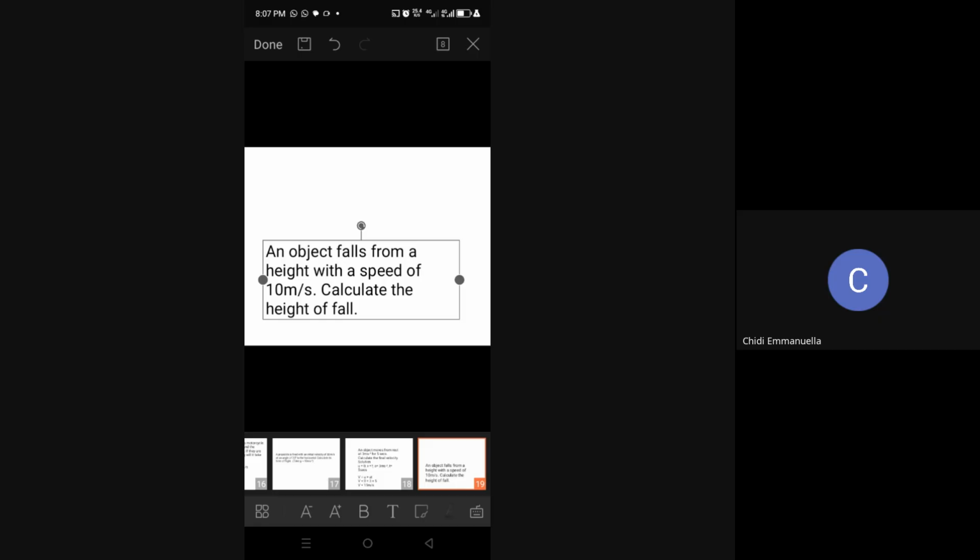V square is equal to U square plus 2GH. There is a reason why you went straight to V square is equal to 2GH. Am I right?